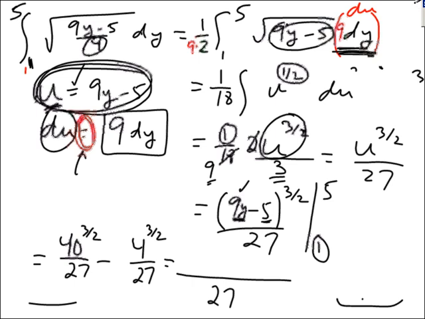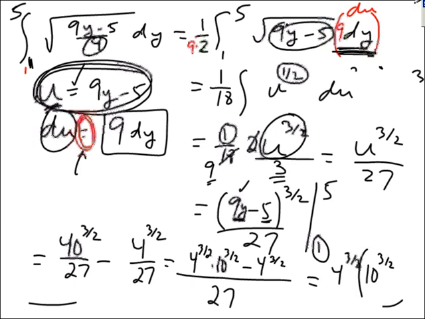And 40 to the 3 halves is 4 to the 3 halves times 10 to the 3 halves, minus 4 to the 3 halves. I'm setting it up so I can factor out 4 to the 3 halves. Four to the 3 halves times 10 to the 3 halves minus 1, over 27.